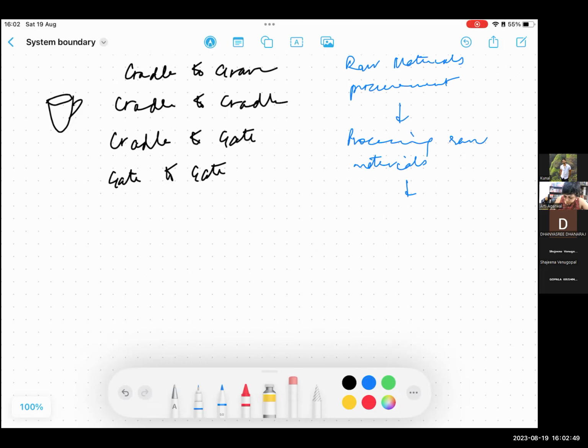If it has parts, and I'm just taking a very simple example, because if you start with a complex thing, you can't understand everything very well. In this case there is no part, so I'm not talking about parts for now.